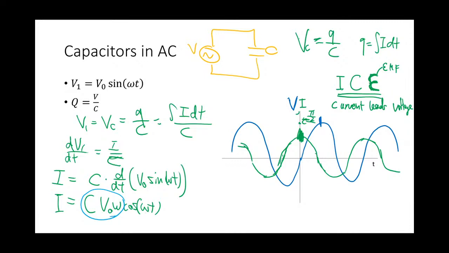But the term in front still gives us the current amplitude. Recall in the resistor case, the current amplitude is simply the voltage amplitude divided by some resistance. Can we cast it in that form? Yes, of course. We just say the current amplitude is equal to your voltage amplitude divided by something like that.